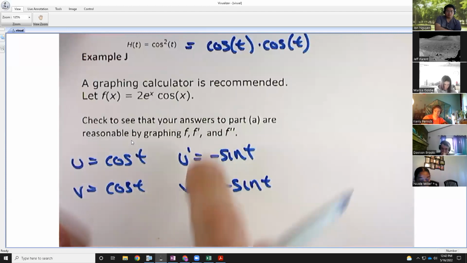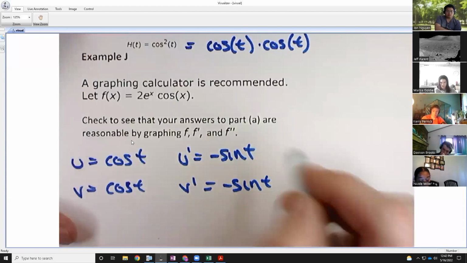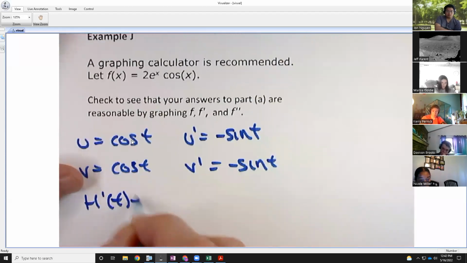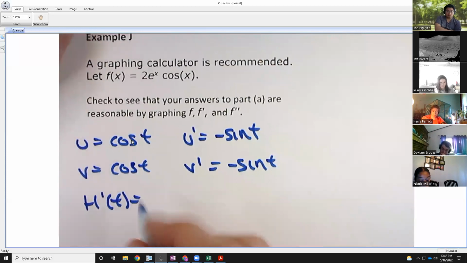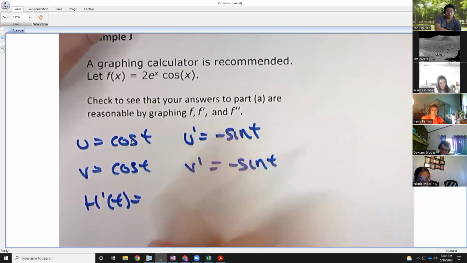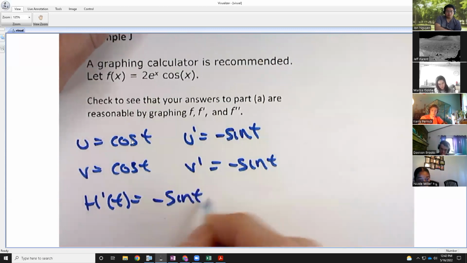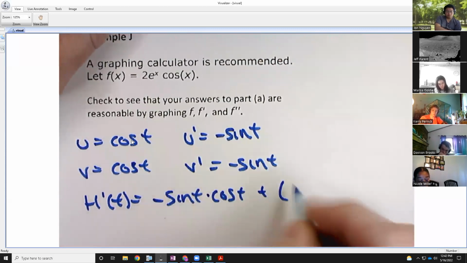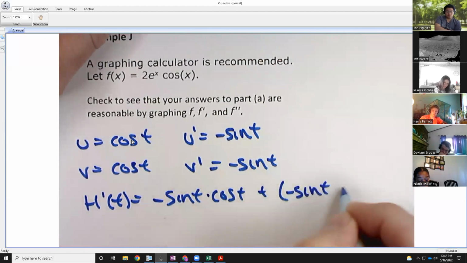So I want u prime times v plus v prime times u. So h prime of t is going to be, let's see, minus sine of t times cosine of t plus minus sine of t times cosine of t.